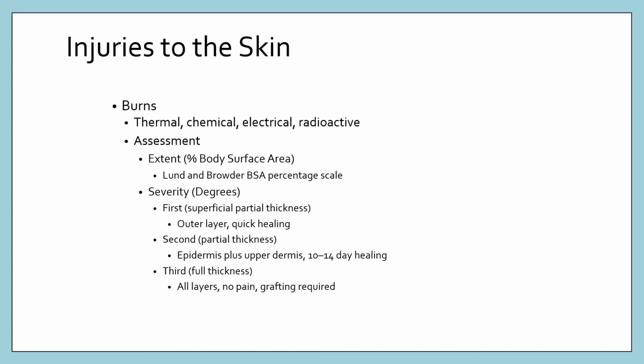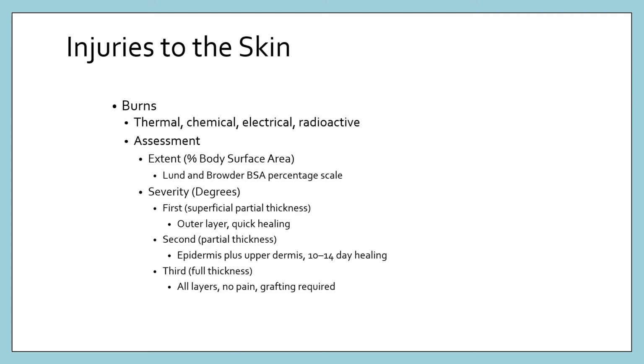For the assessment, there is a percentage of the body surface area that you'll want to measure. We don't have a burn center here in Reno, so if they have somebody with extensive burns, they'll often send them to a burn center. We won't see this as much here, but they do estimate the percentage of body surface area that's been affected, and I have a graph that you'll see.